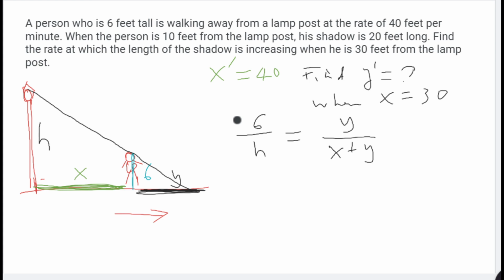So it's really important to make sure x and y are involved. Okay, and then we can differentiate and so on.